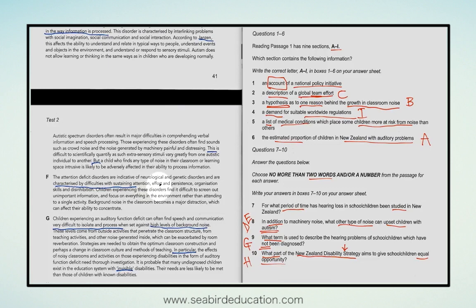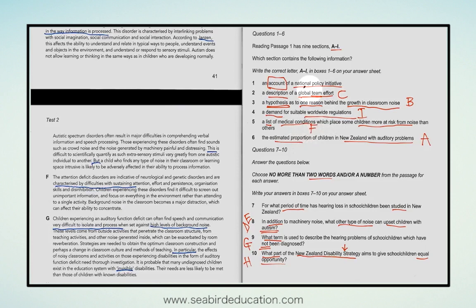Difficulty is sustained effort and persistence, organizational skills, and disinhibition. These are often difficult to screen out and unimportant, focus on everything rather than attending to a single activity, background noise becomes a major distraction. So that's F.